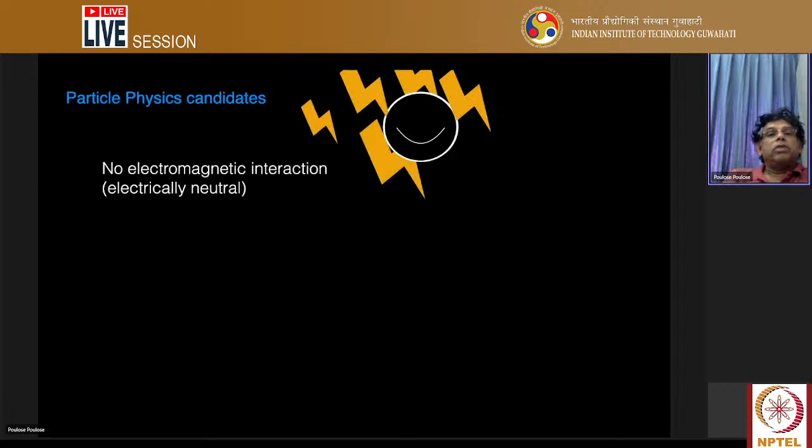So what are the properties of this? From the particle physics point of view, we want to understand this in terms of some elementary particles. There are other explanations, or at least people have been trying to explain it in other ways. Many of those actually contradict with, see, this is not one single observation.